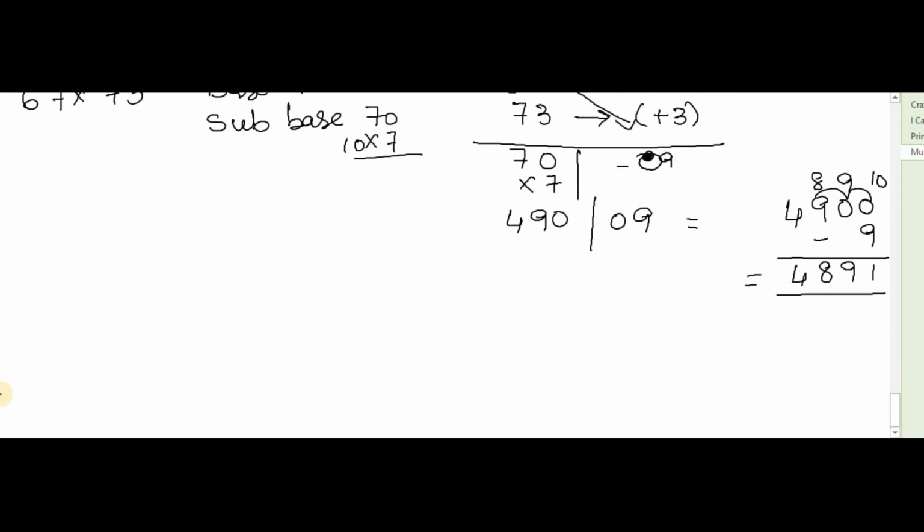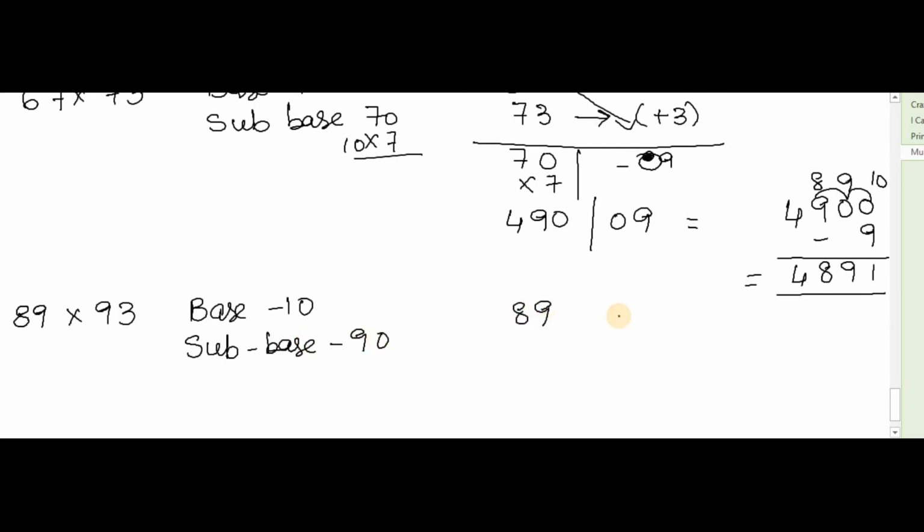So this kind of example, we'll solve one more. 89 multiplied by 93. As we all know, the base I am considering as 10 and the sub base we'll consider as 90, because both are very near to 90. 89 is less than 90 by 1 and 93 is more than 90 by 3. And we all know that 92, plus into minus is minus and 3.